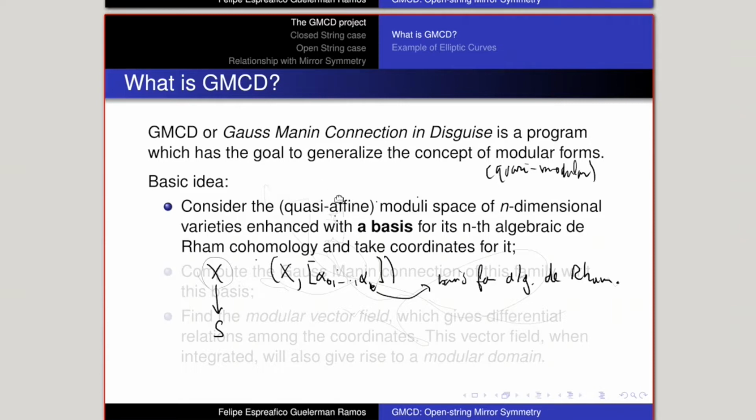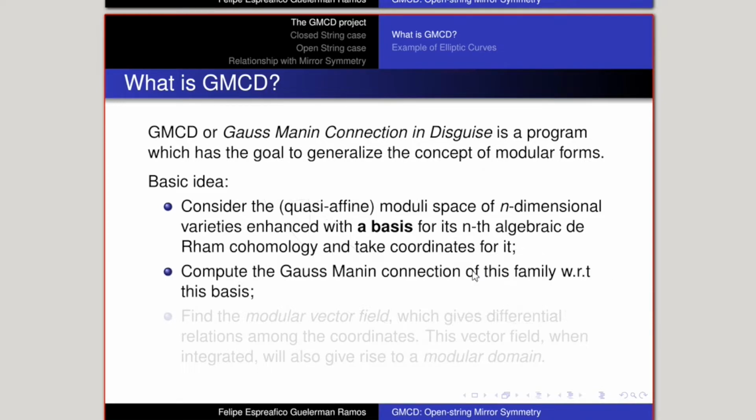We actually don't know what happens in general, but in the examples I'm considering, this is going to be quasi-affine. So we have the moduli space of these pairs, and we can take some coordinates for it. This is the first step.